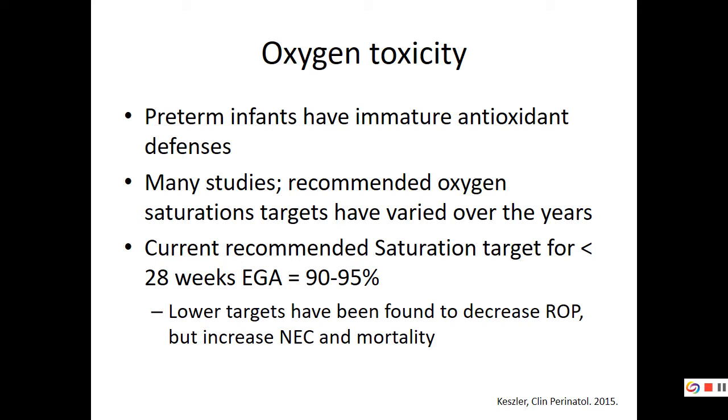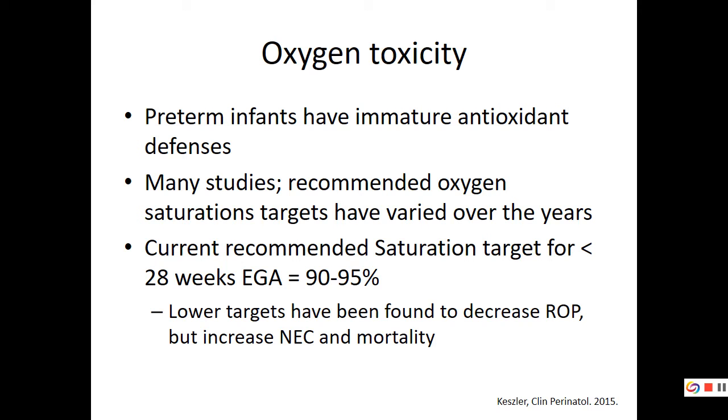So oxygen toxicity. Premature babies have immature antioxidant defenses. And there have been many studies over the years, too many to summarize in this talk, trying to look at the exact oxygen saturation target that we should give preemies. Currently, babies that are less than 28 weeks, we target them 90 to 95%.